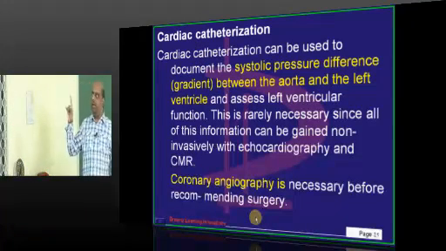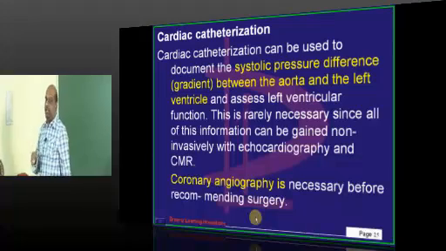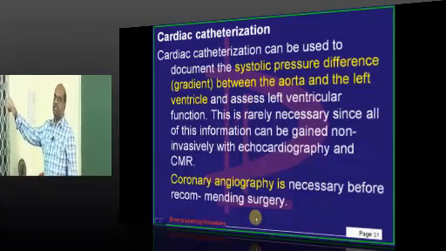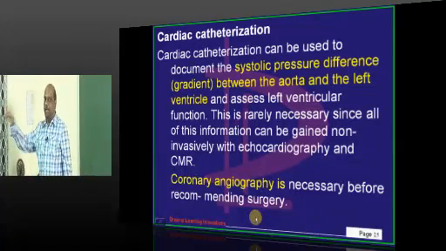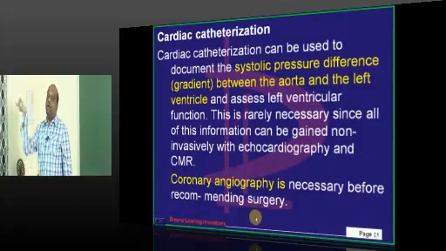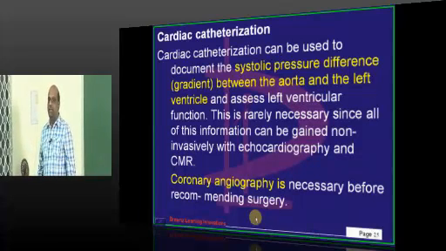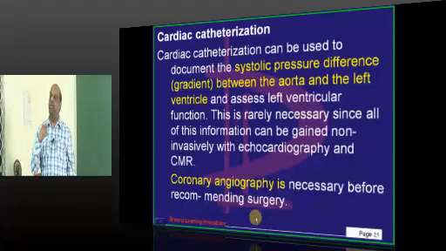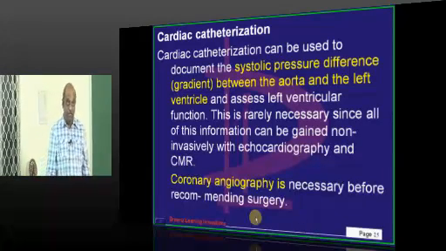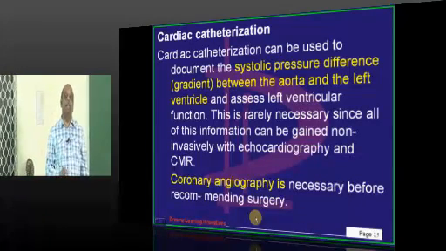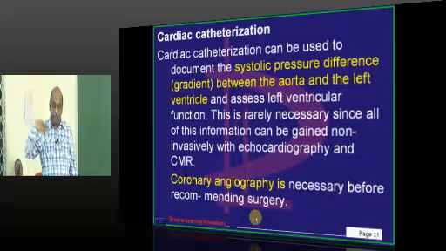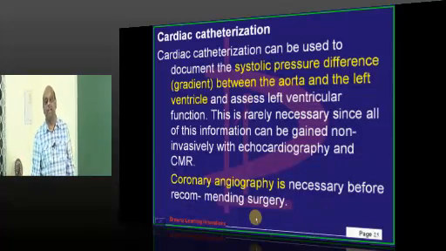And what is the cardinal feature of aortic stenosis? Angina. When is aortic stenosis commonly seen? Elderly people. In elderly people, what is the other cause of angina? Coronary artery disease. So before repairing the valve, you want to know whether the angina of the patient is because of his aortic stenosis or because of his underlying coronary artery disease.